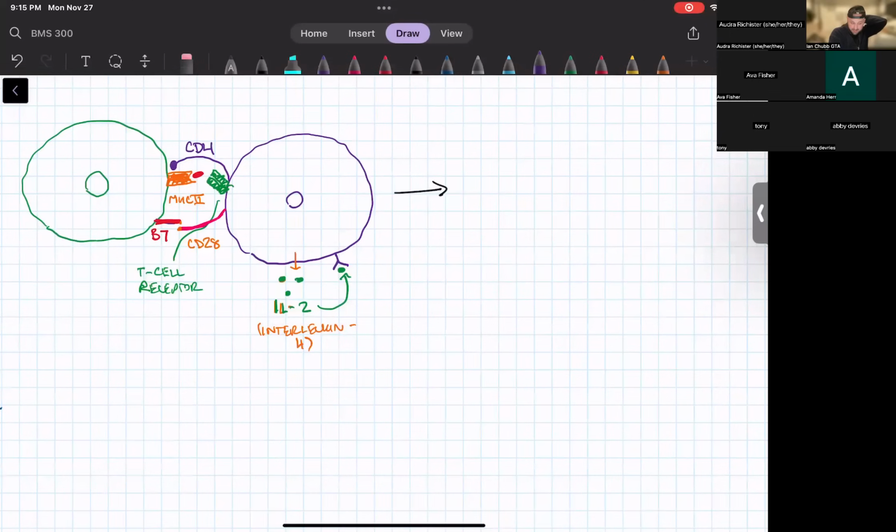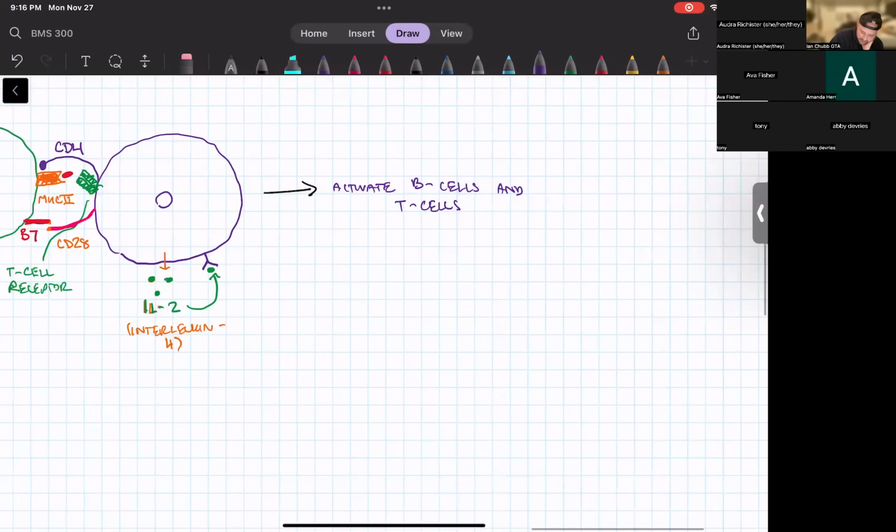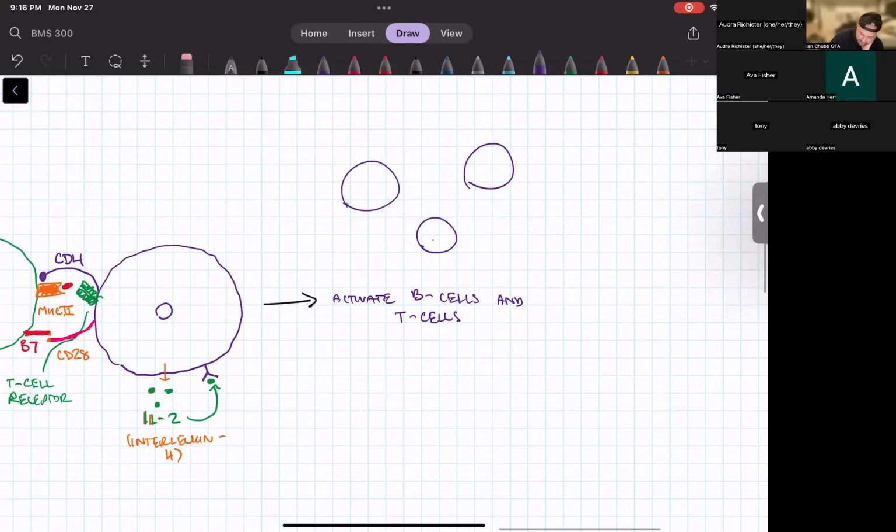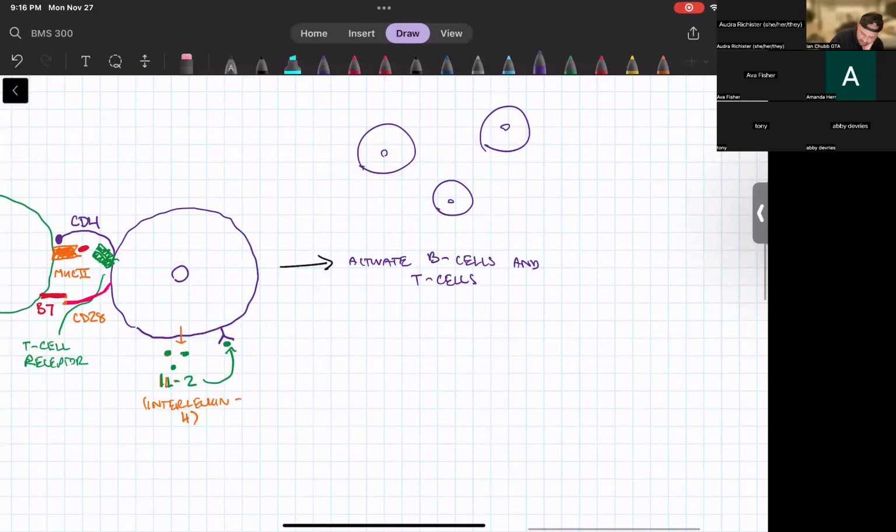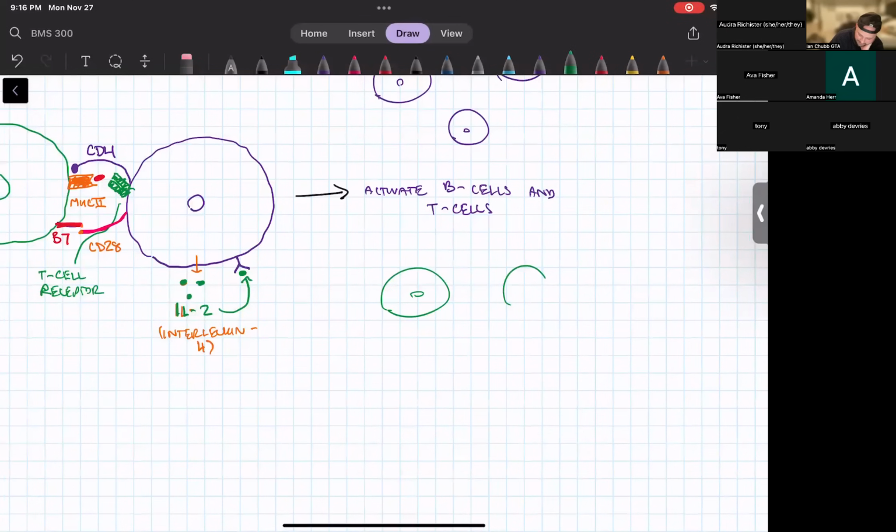So we activate B cells, but we can also activate T cells. So we'll end up getting more T cells, and then we'll end up getting more activated B cells.